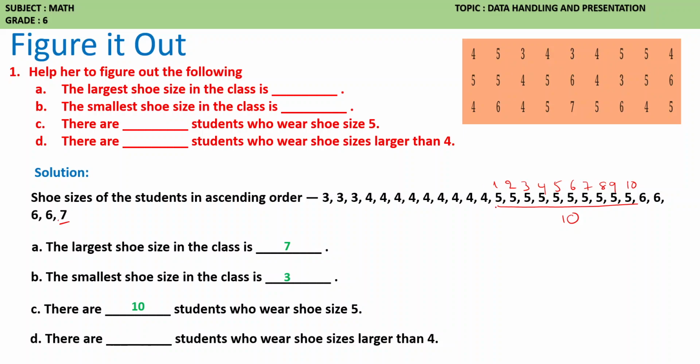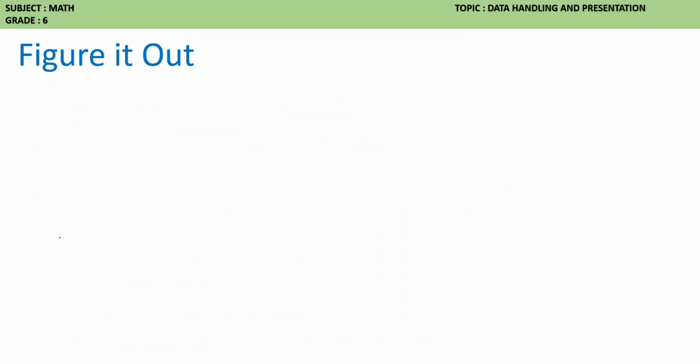Larger than 4 means from 5 to 7. So already up to 5 is 10, 11, 12, 13, 14, 15. Therefore there are 15 students who wear shoe size larger than 4.